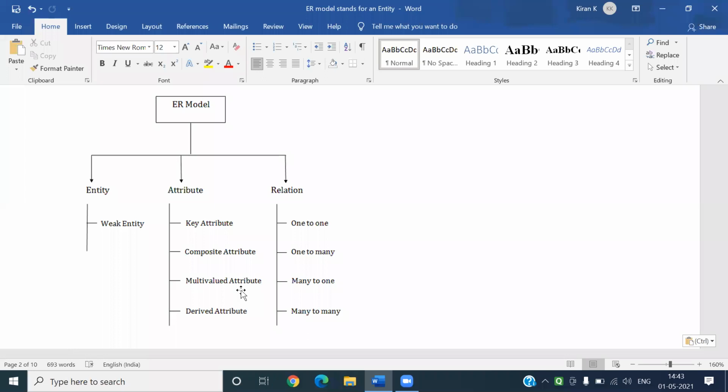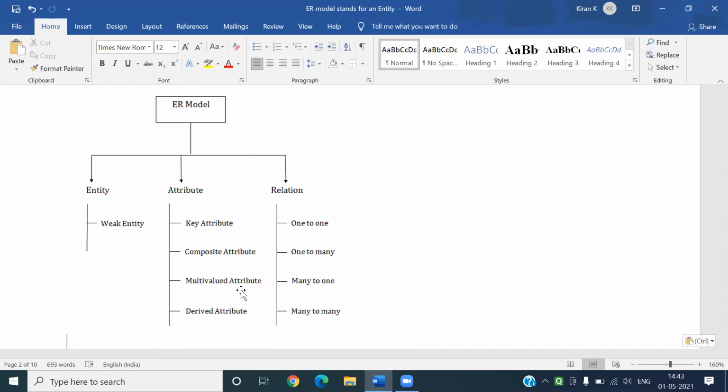Today 4 members might be absent, tomorrow 5 members might be absent, maybe 20 members absent. So all these roll numbers have to be placed one by one. That is called multi-valued. It won't have only one value, rather it will have multi-values.